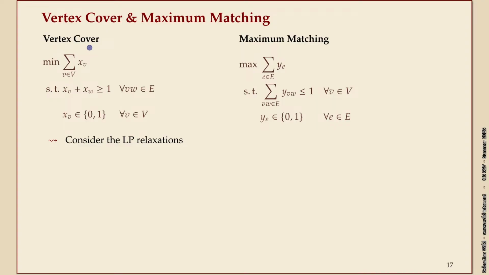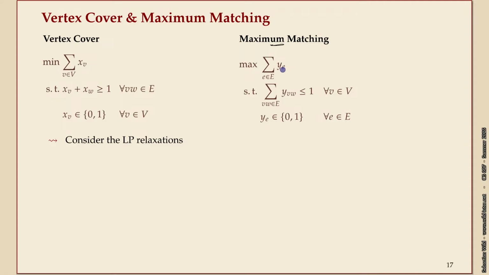First of all, you can write down vertex cover and maximum matching, the overall largest in this case, both as integer linear programs. For vertex cover, you have a variable for each vertex. You can either pick it or not, but you need to make sure every edge has at least one of the endpoints picked, so the sum of the endpoints must be at least 1. Whereas for matching, we have a variable for each edge.